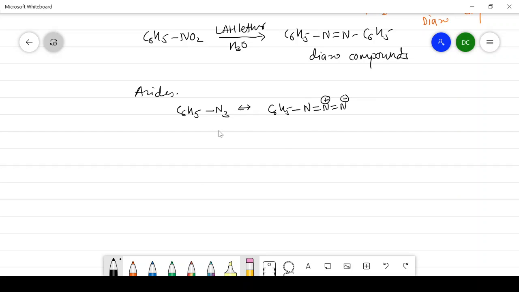When this compound is reduced in presence of LAH and ether, it will give C6H5NH2 with the removal of N2. So we are also getting an amino compound here, known as aniline. So phenyl azide is converted into the corresponding aniline via reduction.